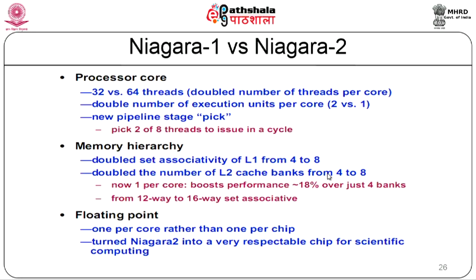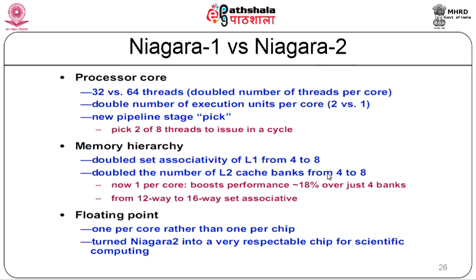Whereas here you have 8 threads per core, so with 8 cores you have 64 threads, double the number of threads per core. Double the number of execution units per core, because obviously with more threads you need to provide more execution units. And you also have a new pipeline stage, pick, which picks 2 out of 8 threads to issue in a cycle.